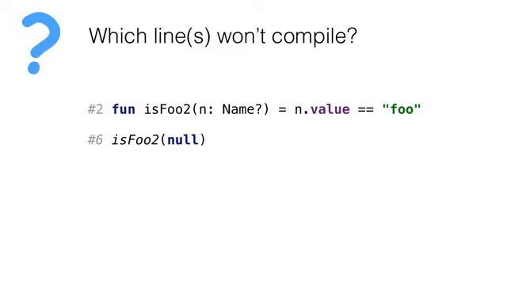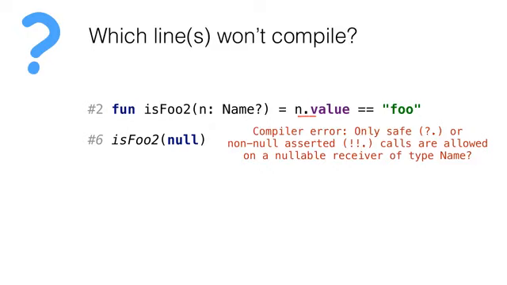The second line: when we make the type nullable, the invocation is now fine. It compiles. However, in the function body there is an error, because only a safe call or non-null call is allowed, and you can't just dereference an expression of nullable type. The next calls fix this problem.